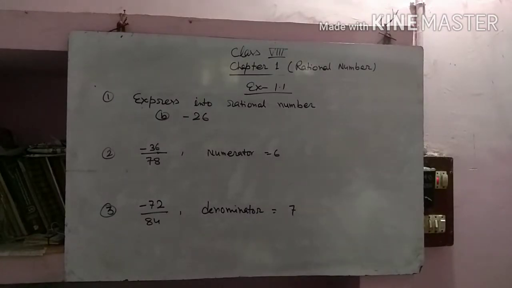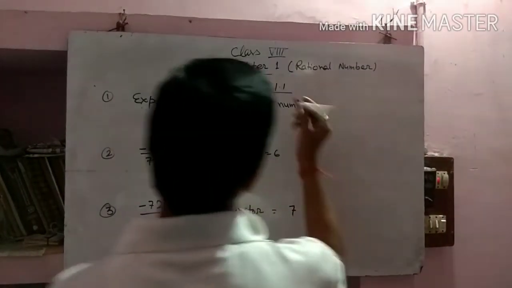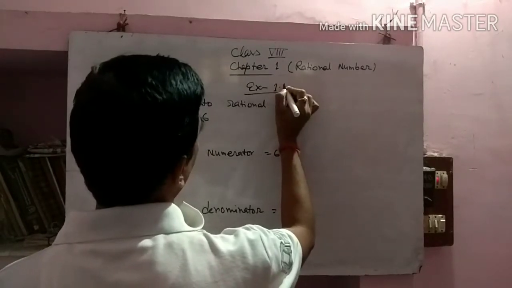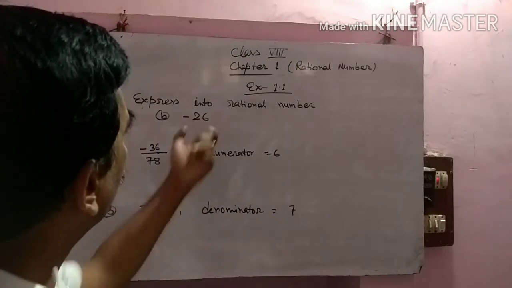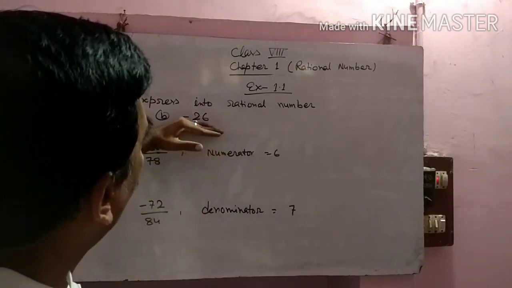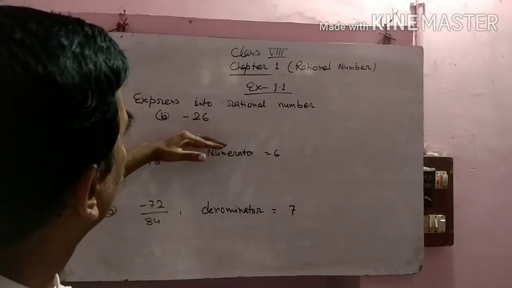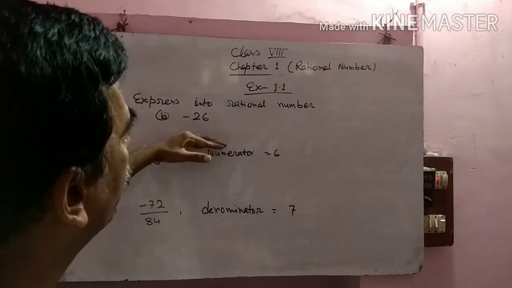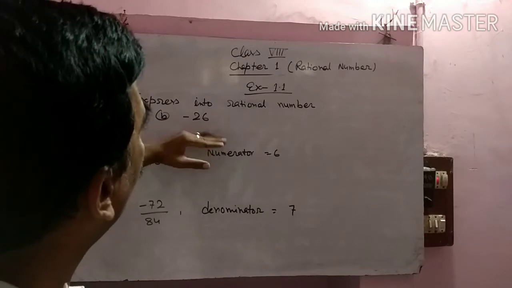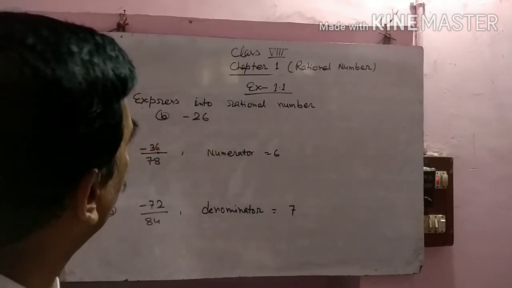Okay, next, we are going to discuss some questions of exercise 1.1, which is: express into a rational number the number that has no denominator. So we have to write that number in the form of p by q, but with the value remaining unchanged.